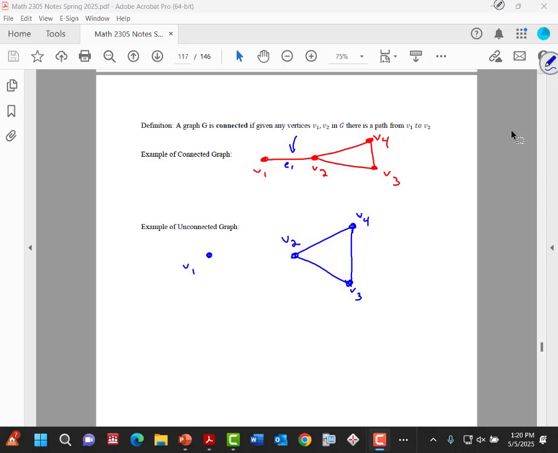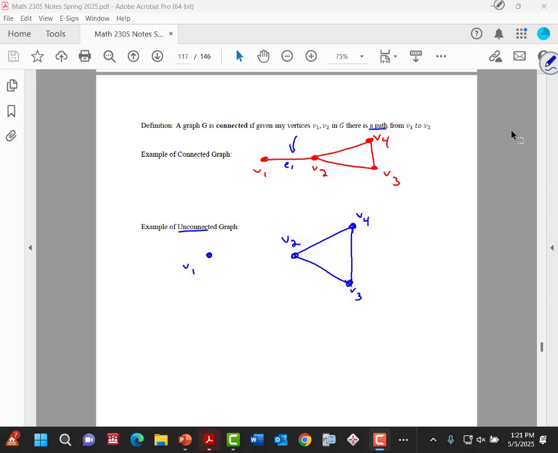Okay. And so this graph right here is unconnected. Why is that? Well, if I select V1 and then any other vertex, there's not a path from V1 to these other vertices. And so this graph is unconnected.